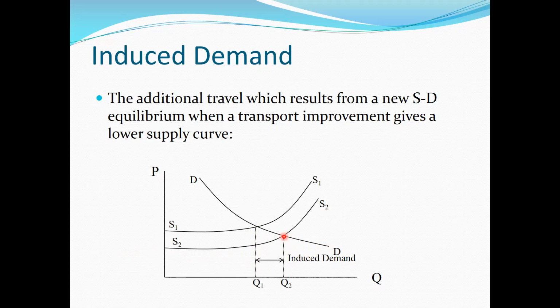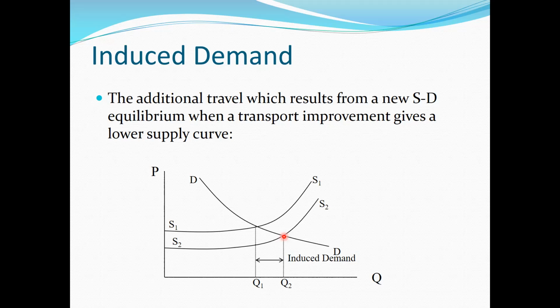But your cost of traveling on the link is still lower, at least in the short run. But in the long run, it might induce the demand even more, and then you go right back up into the congestion issue.